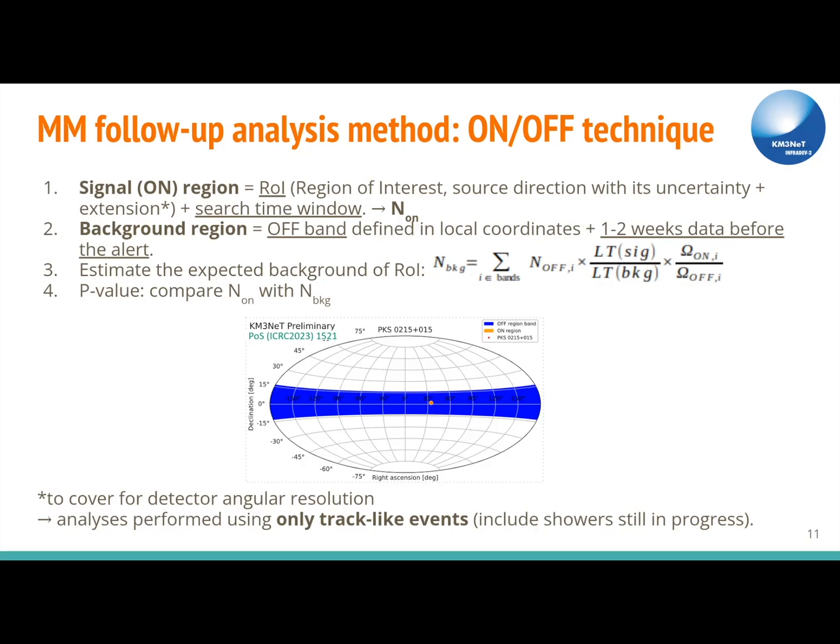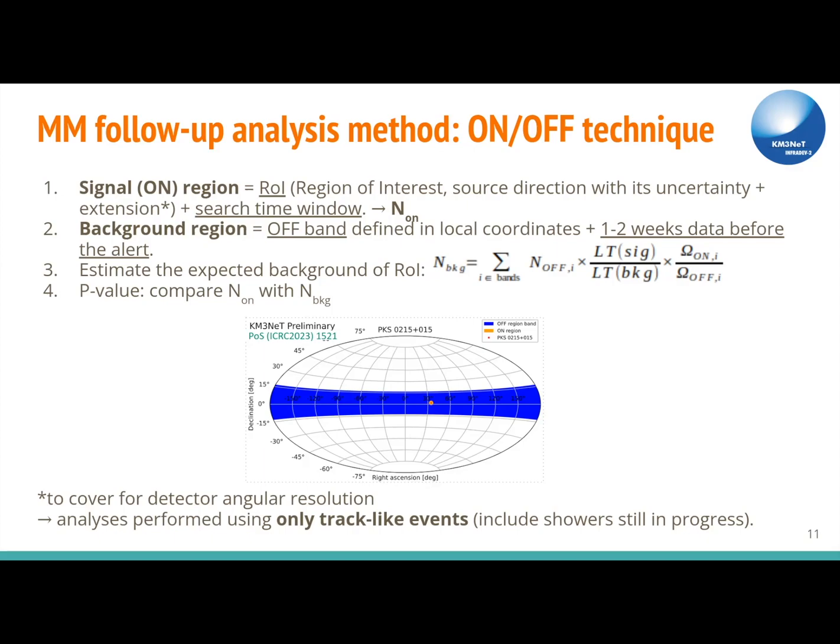So we will look at the data of the 1 or 2 previous weeks that we have. From this off region, we will then estimate the number of events that we are supposed to have as background in our on region. We do that by counting the number of events we have in the off band, multiplying by the duration of the on region, dividing by the duration of the off band, so 1 or 2 weeks, and multiplying by the angular surface that we have.